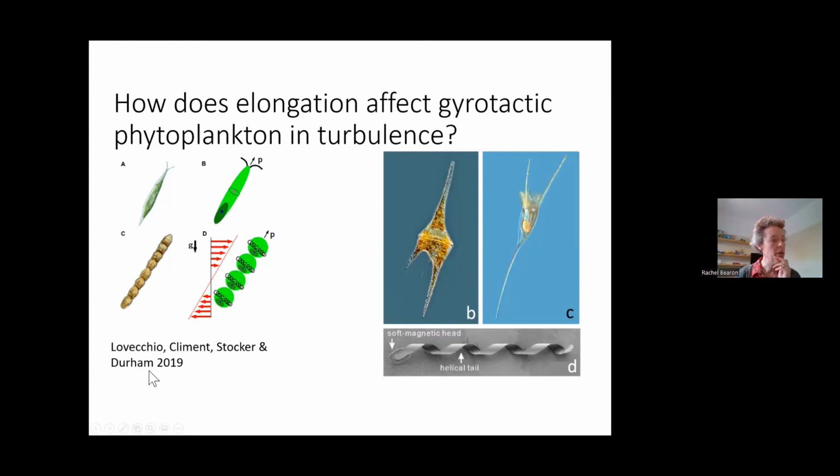Also, one of the motivations in this paper that was published a few years ago was the idea of chain-forming plankton species. So here we've got a chain of dinoflagellates, where the individual cells can form into a chain and then swim through the fluid.